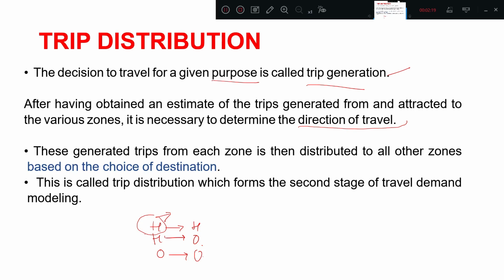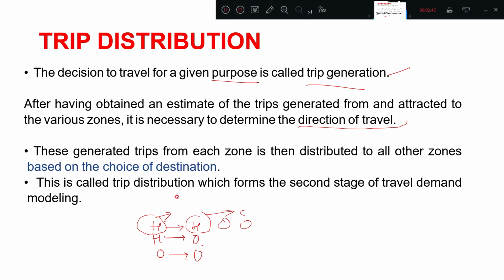So here the trips generated from each zone are then distributed to all other zones based on the choice of destination. Choice of destination is with respect to whether it is a home, office, college, right? So with different purposes you have made the trips from home.